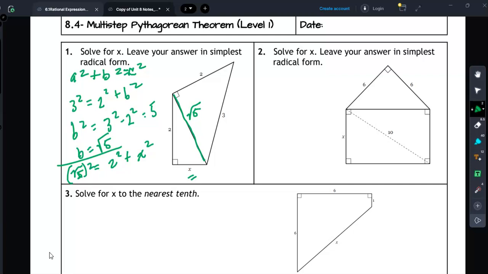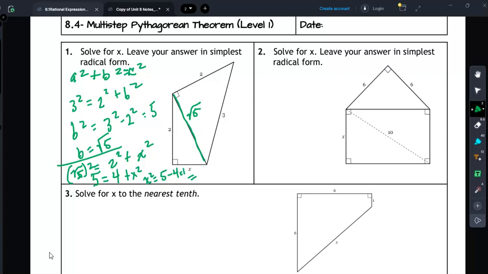Taking the square of a square root gives us what? Square root of 5 squared is 5. It's just that number. So 5 equals 2 to the second power is 4 plus X squared. So X squared is going to equal 5 minus 4. Have I lost anybody? Which is 1.